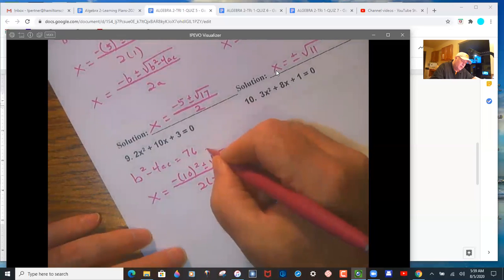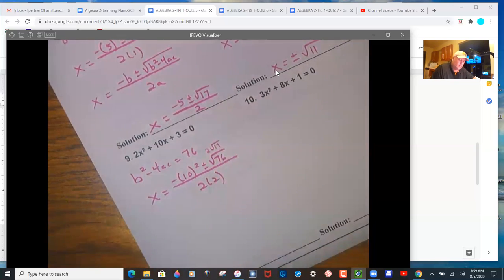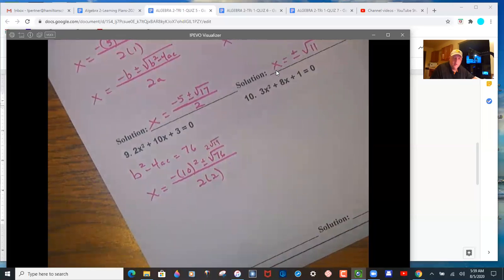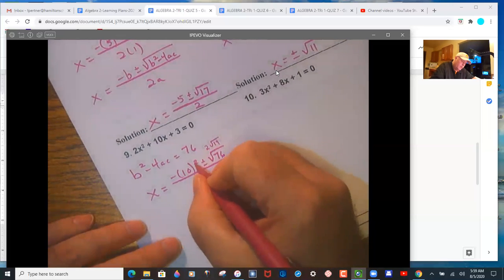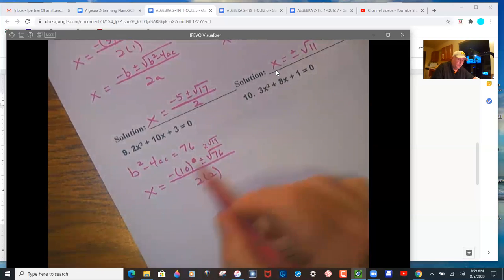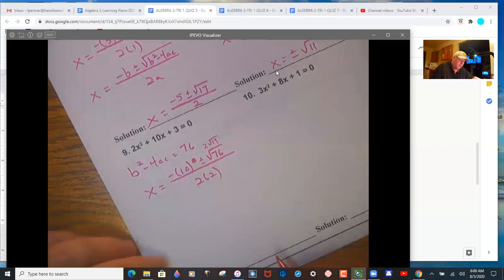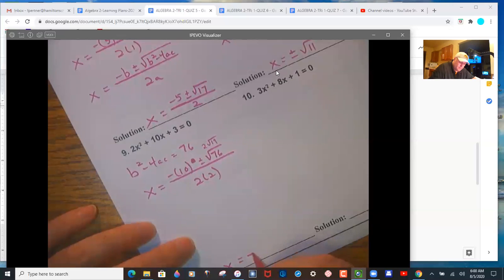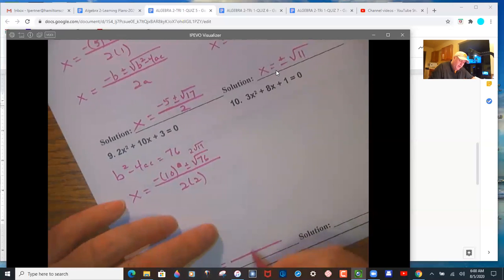So 4 and 19. A lot of times, if you don't know, guess 4. Sorry, I didn't mean to write squared there. If you don't know, guess 4 is the largest perfect one that would go in. So all of these will reduce by 2. The 10, the 2, and the 4 will reduce by 2. So we have negative 5 plus and minus the square root of 19 over 2.